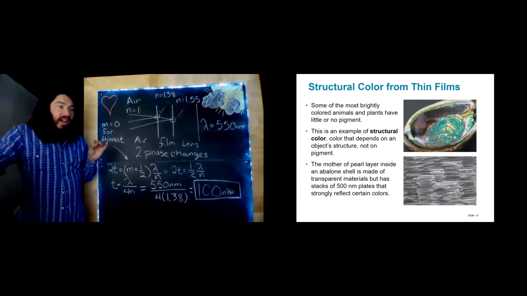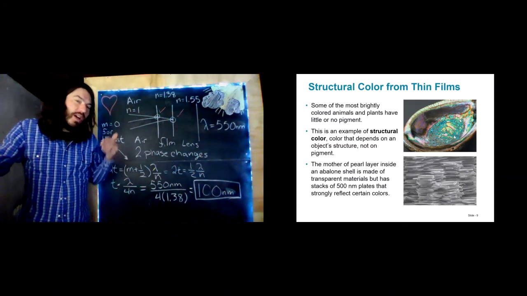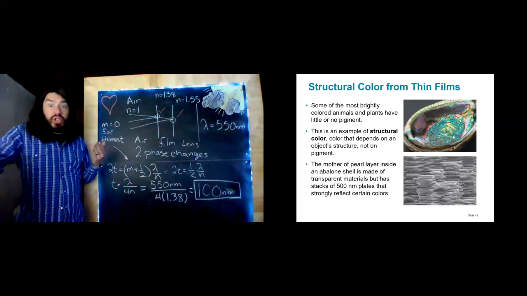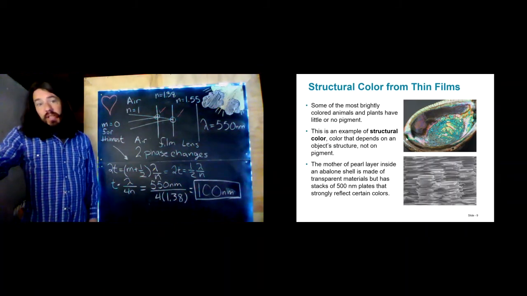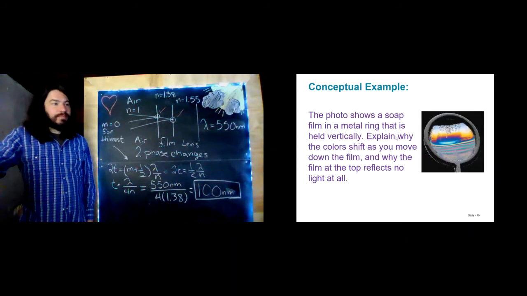They're actually clear, and it's the way the light reflects off of them that gives them the color. It's not pigments giving them the color. It's structure that's giving it the color. I'm going to ask you a question on the homework about an octopus that's very similar. An octopus also has some structural color in it.